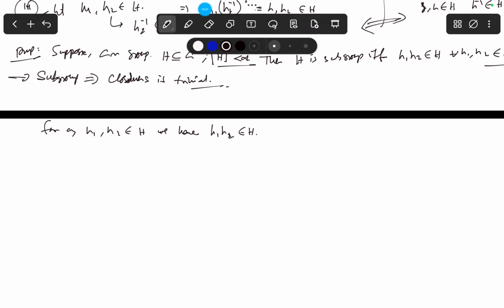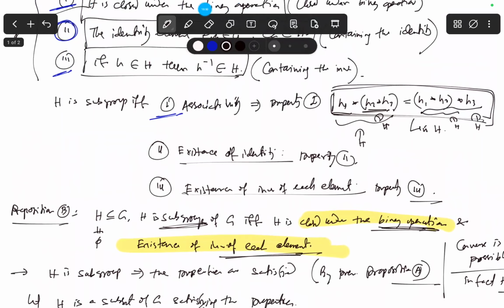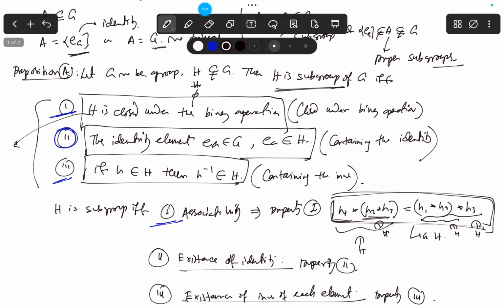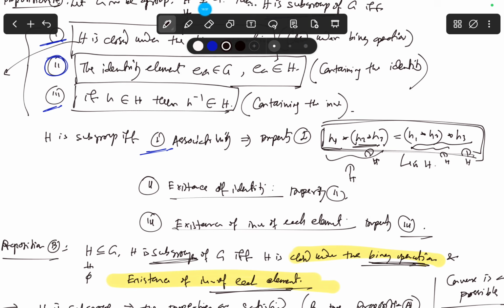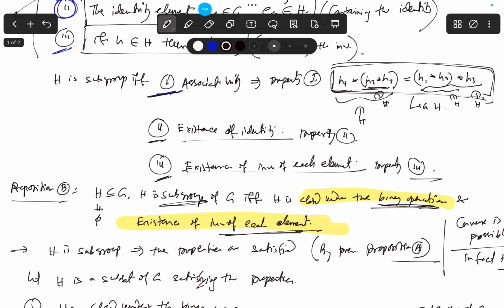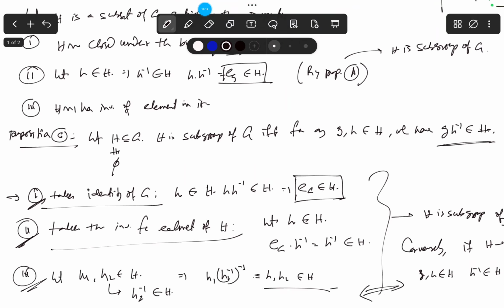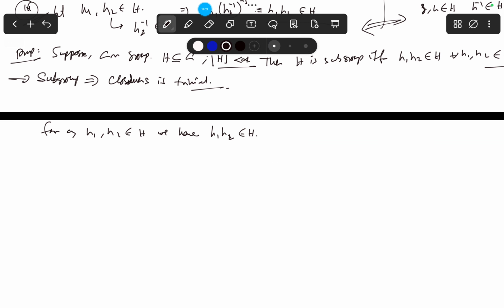Now remember that we have already had proposition B, which says that if it is closed under the binary operation and has the existence of inverse of each element, it is enough to check the subgroup property. So that's why it is enough to check here. So we have the closedness property.